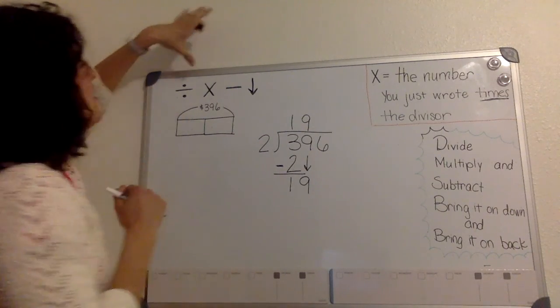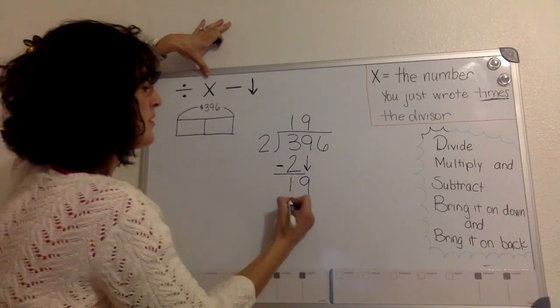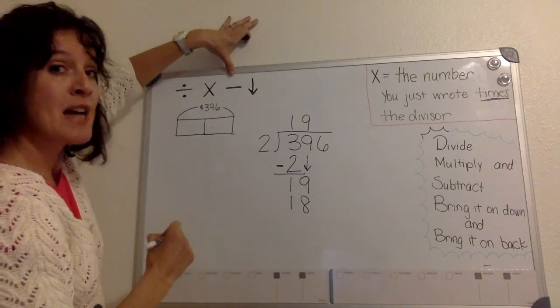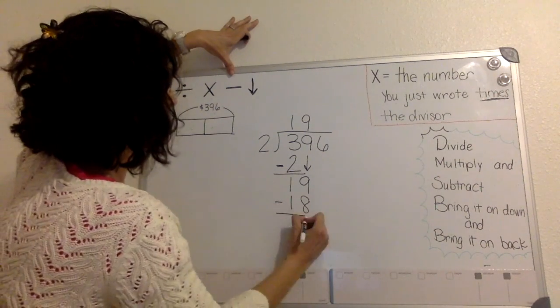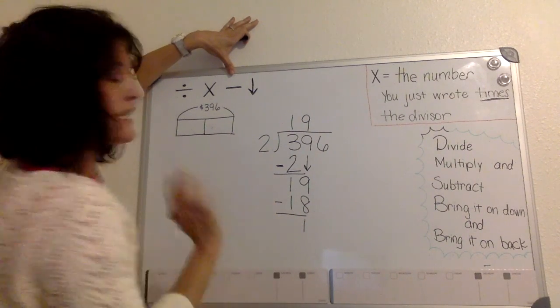Okay. Multiply. 9 times 2, 18. Subtract. 9 minus 8 is 1. 1 minus 1 is 0.